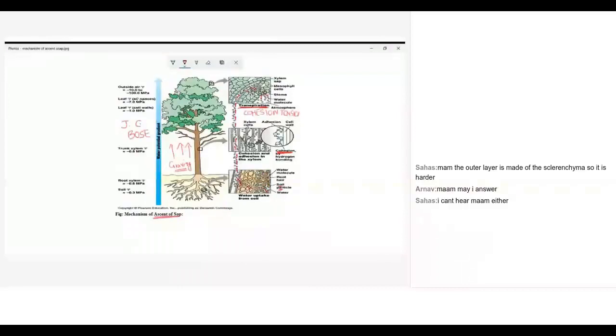No doubts. Okay. If you are clear with this, just see the numbers which were given on the left side panel of the slide. Here they have given some values. It's very easy to understand how water potential gradient is developed. This is the practical approach of what J.C. Bose had done. This is extra information I'm giving to you. So here see minus 100 MPa.